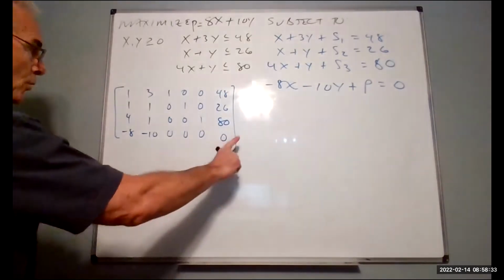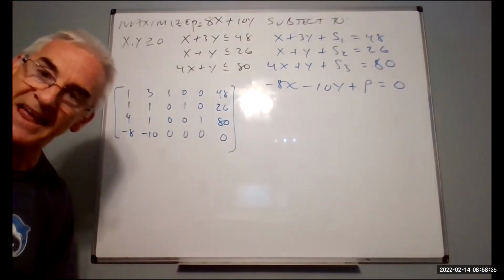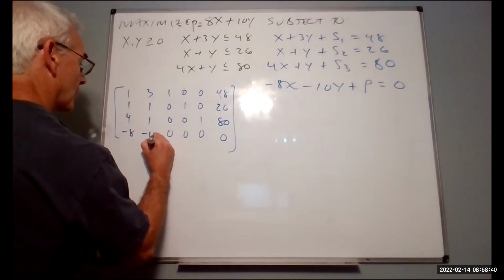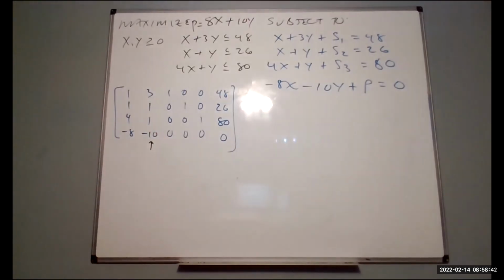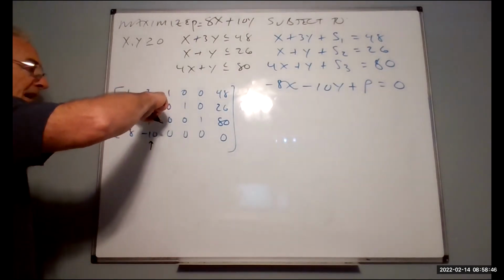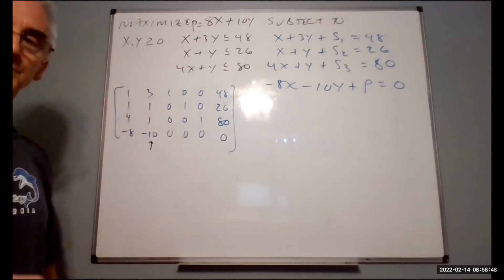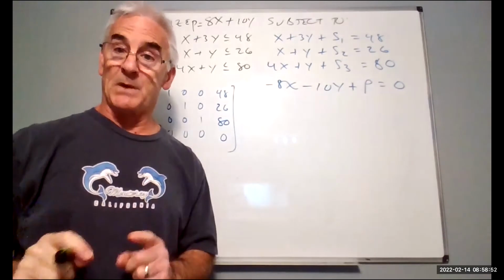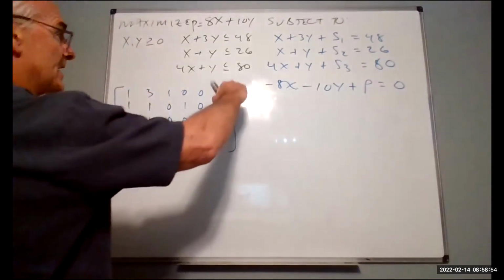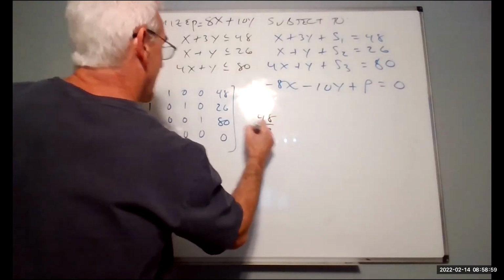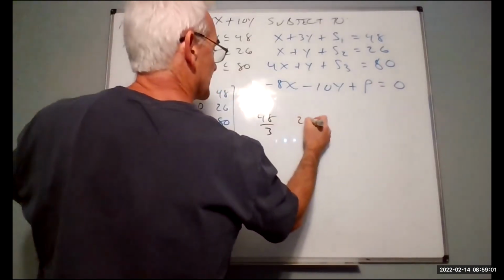On the bottom row, we start with the largest negative value, which would be the negative 10. So the pivot will come from this column. The pivot will either be this value, or this value. So the first thing is the pivot's got to be a positive value. How I choose my pivot now, I take the ratio of 48 over 3, I'll write it down. I take the ratio of 26 over 1.